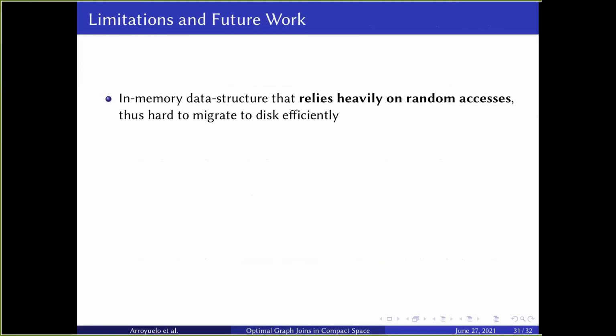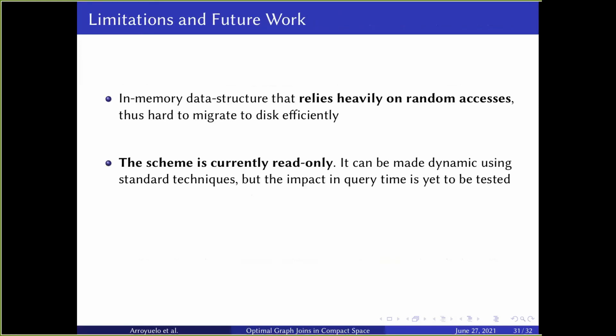And now let us briefly talk about some of the limitations of this graph representation, together with some directions for future research. For starters, this is an in-memory data structure that relies heavily on random access. Thus, it will be very hard to migrate efficiently to disk storage. Also, our current implementation is read-only, a static data structure.